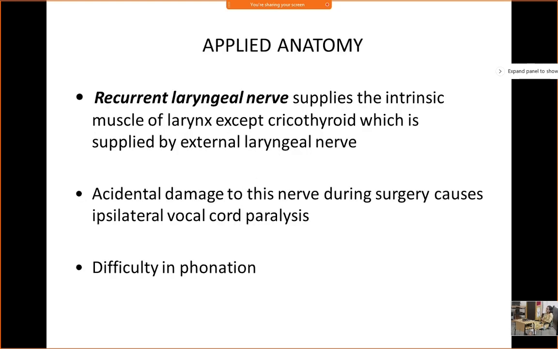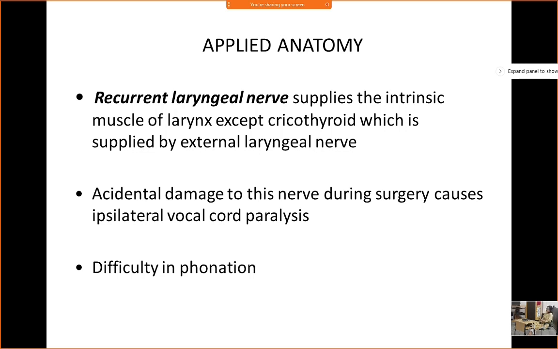So the most important applied anatomy, from a surgical perspective: whenever you do surgery on a thyroid gland, the vessels you can sacrifice. Superior thyroid, inferior thyroid artery or veins can all go away. But you should always remember to spare the recurrent laryngeal nerve.